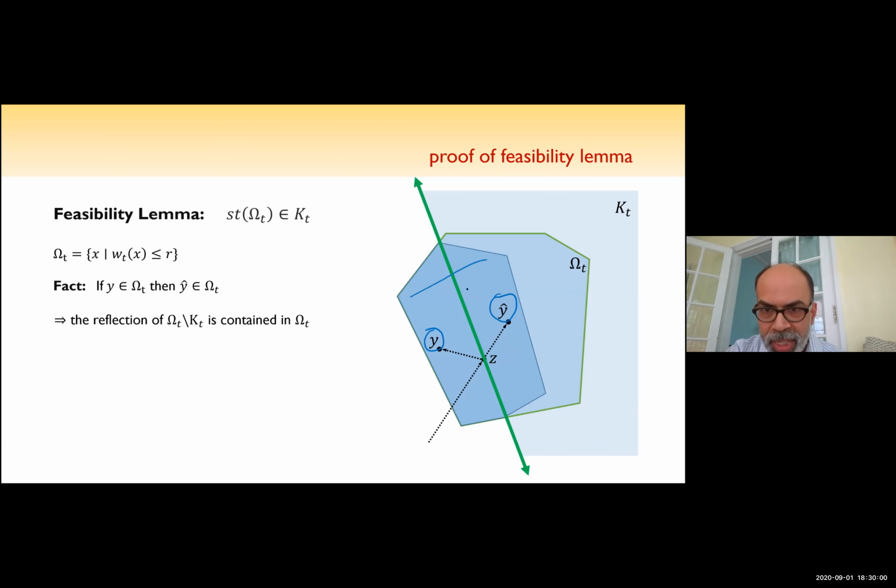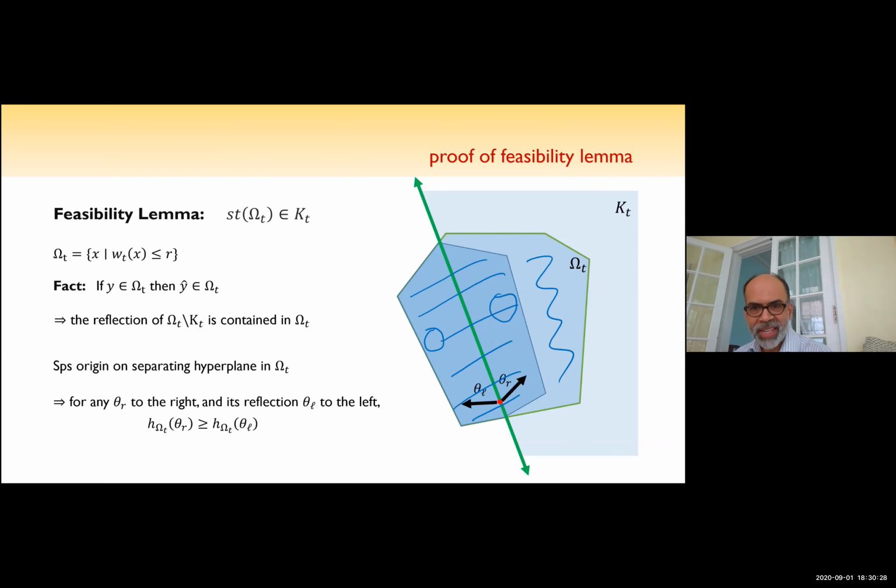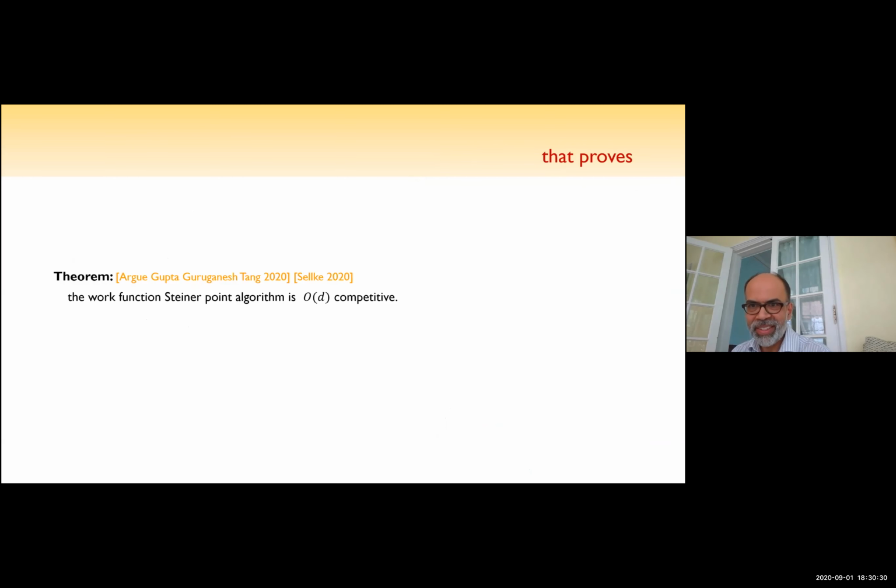Omega consists of this stuff plus this junk. But this junk is all to the right. So any self-respecting notion of center must move the center more to the right than to the left if I add junk to the right, right? That's it. I mean, that's the proof. You can make this formal, but who cares? Again, easy proof, but here's the proof. It's like 3 lines, whatever. So that's it, guys. The work function Steiner point algorithm is competitive.